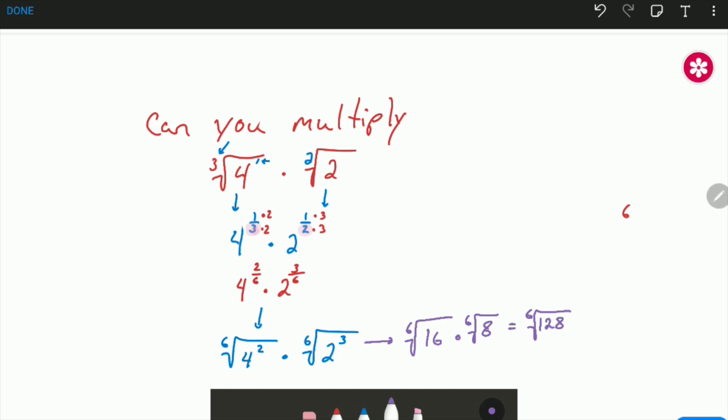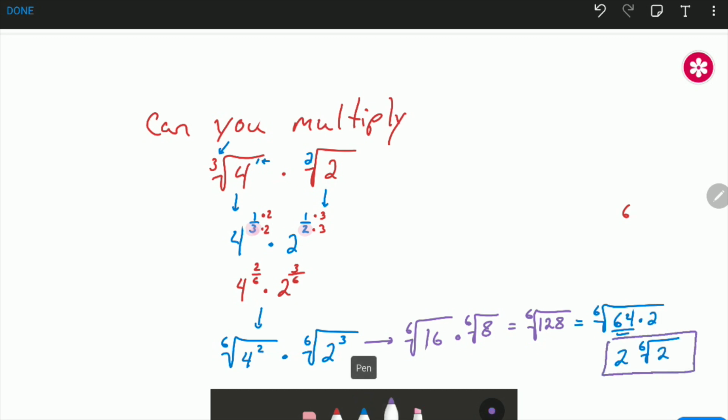So 128 is not a perfect 6th power, but there is a 6th power that goes into it evenly, and that is 64. 64 is the 6th power of 2. 64 times 2 is 128. And then the 6th root of 64 is 2. So we get 2 times the 6th root of 2. So overall, that's what it would become.